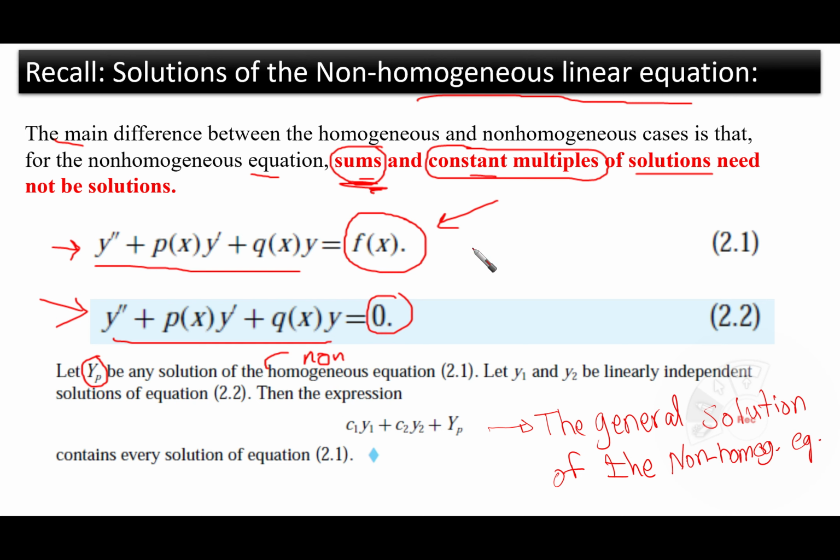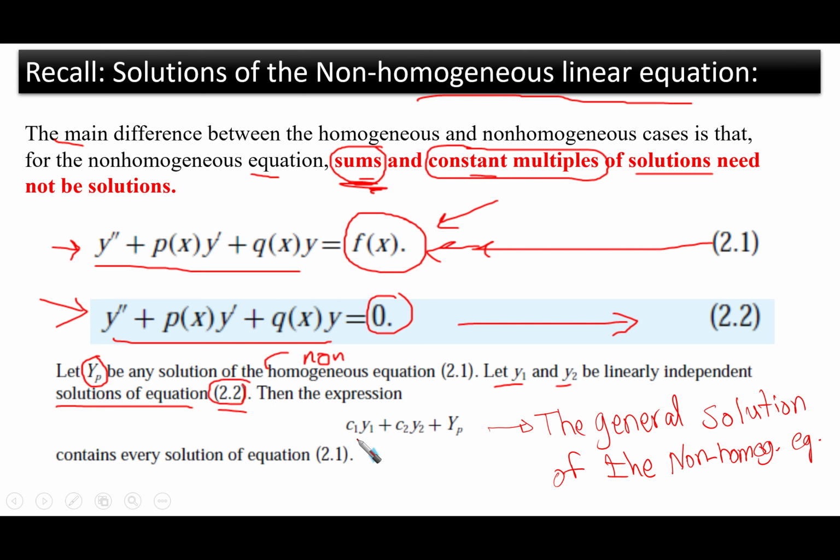which is 2.1, as you can see. Then let y1 and y2 be linearly independent solutions of equation 2.2, which is the homogeneous equation. This is very important: linearly independent.